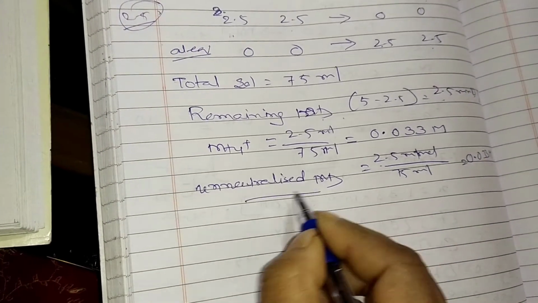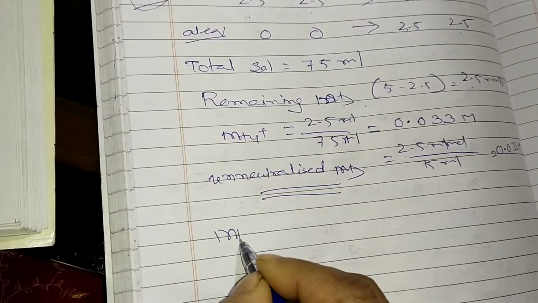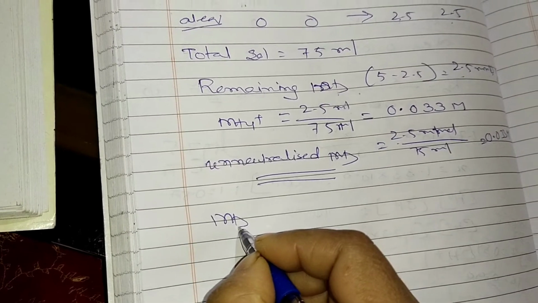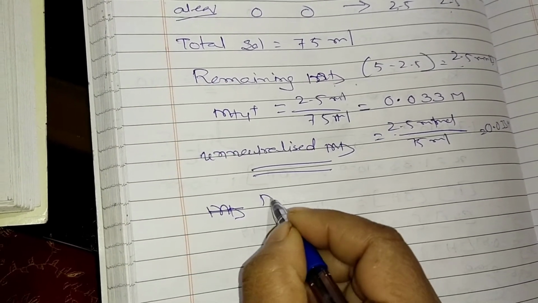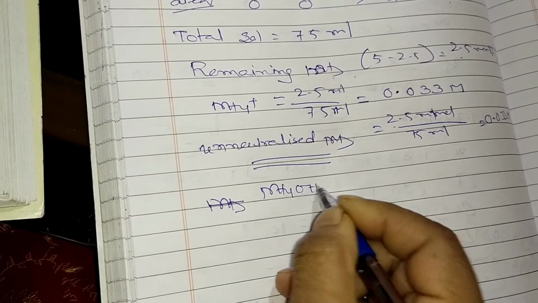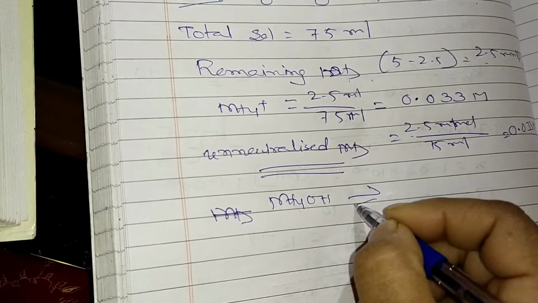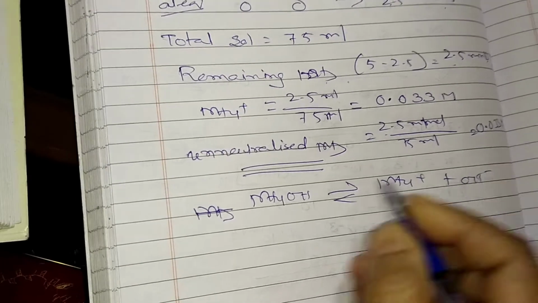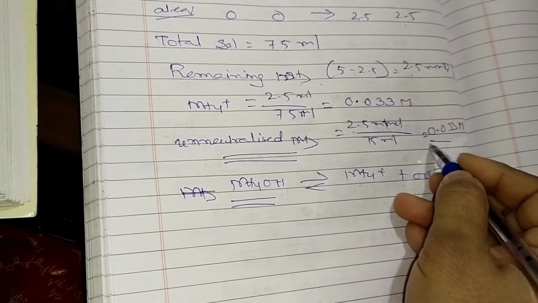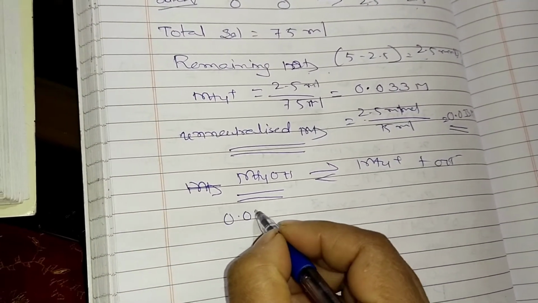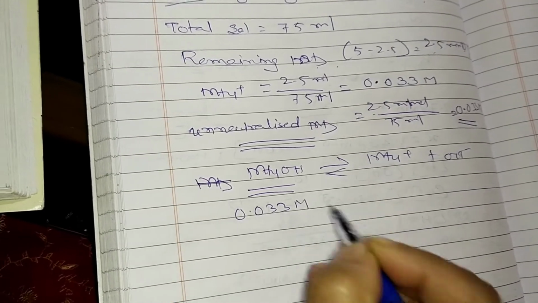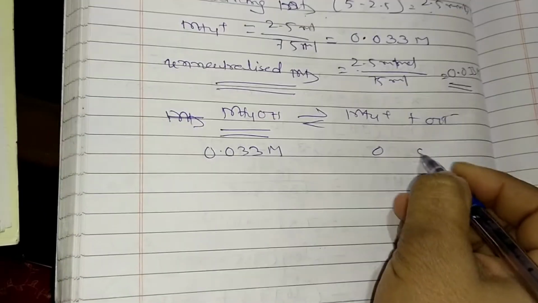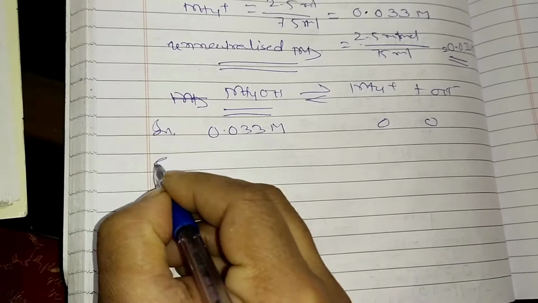The unneutralized NH3 now reacts with water and forms NH4OH. This NH4OH again dissociates into NH4 plus and OH minus. So we had 0.033 molar NH4OH initially, and 0 initially for the products. At equilibrium, what will it be?